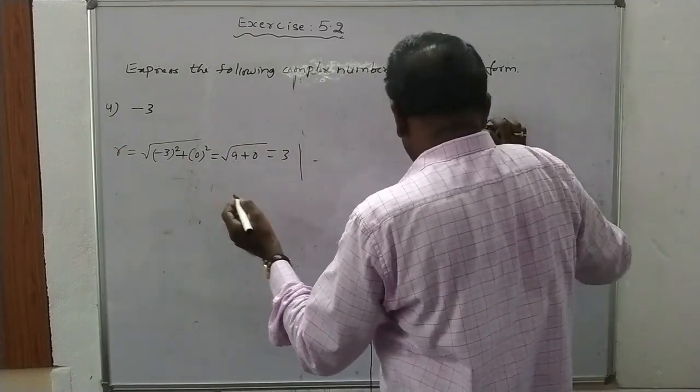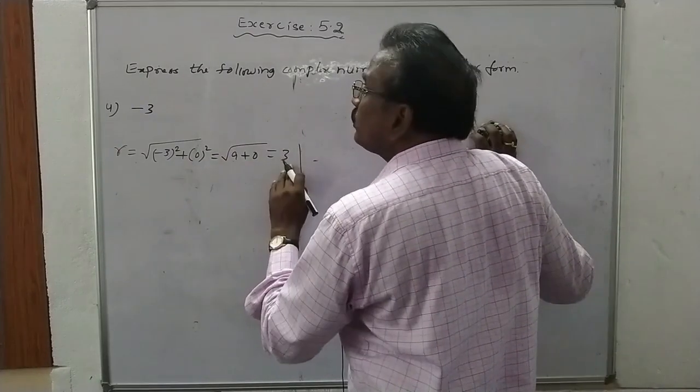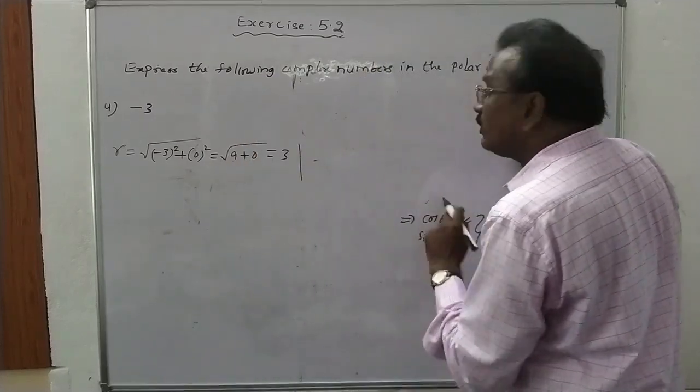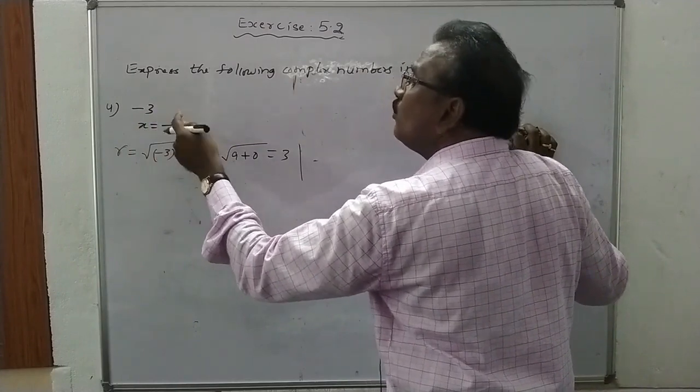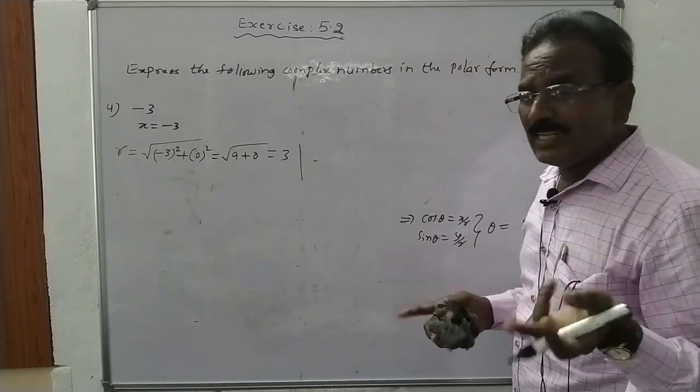So theta value, now r value is equal to 3, x is equal to minus 3, y value is 0 or minus 0.